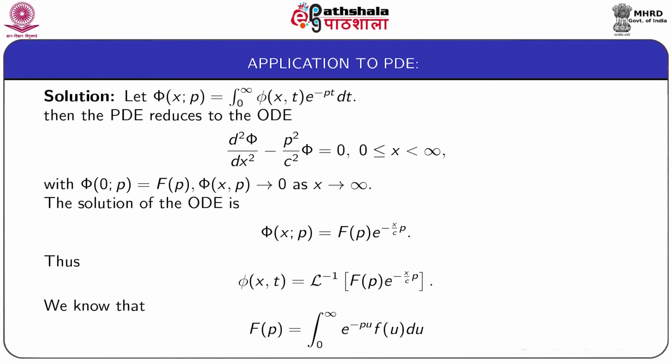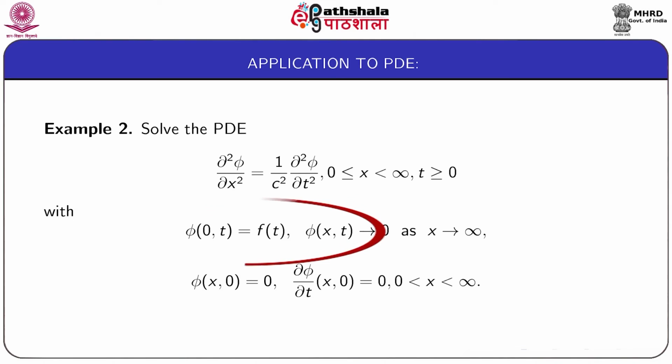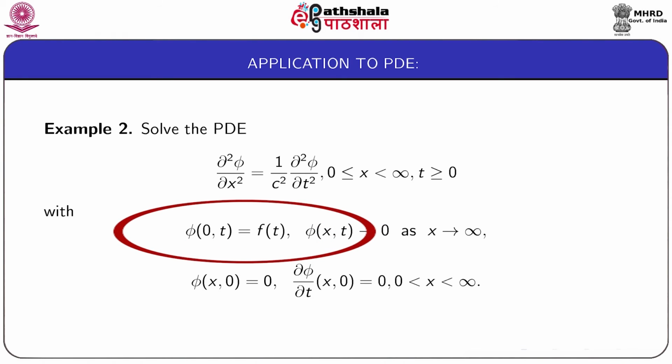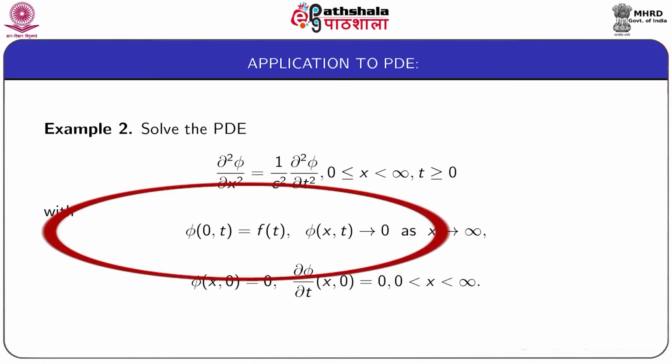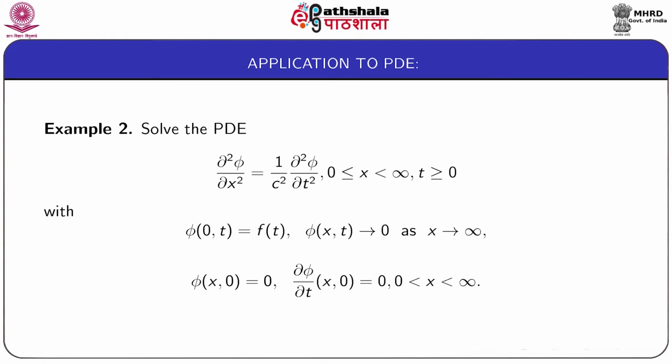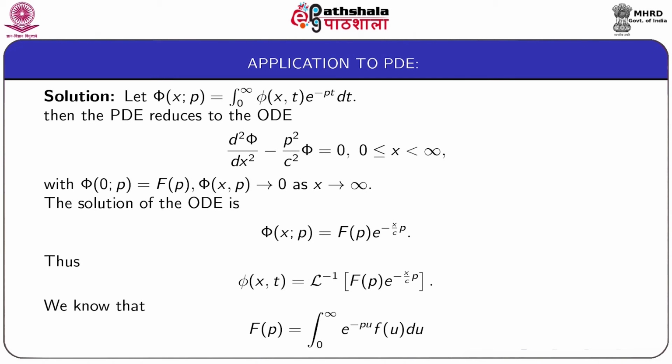Also, we multiply both sides of the boundary condition by e to the power minus pt and integrate with respect to t from 0 to infinity, which gives capital Phi at x equal to 0 is capital F(p), where capital F(p) is the Laplace transform of small f(t). Again, taking the Laplace transform of the other boundary condition, we obtain capital Phi(x,p) tends to 0 as x tends to infinity.